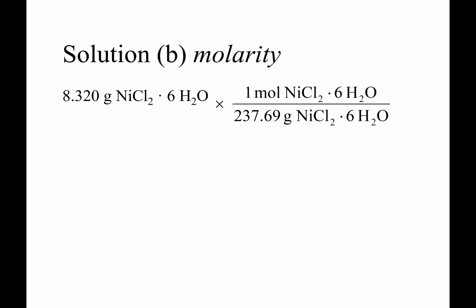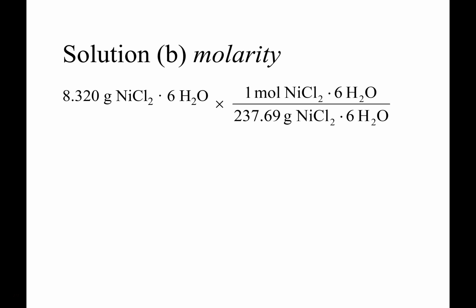I'm going to try to go ahead and tease out the mass of the anhydrous salt, so to speak. I know that last molar mass, we said that NiCl2.6H2O has a molar mass of 237.69 grams per mole. So I can put 1 mole of NiCl2.6H2O over 237.69 grams of NiCl2.6H2O.